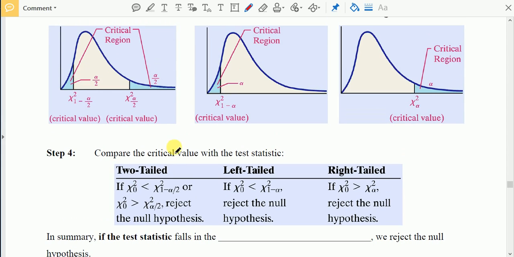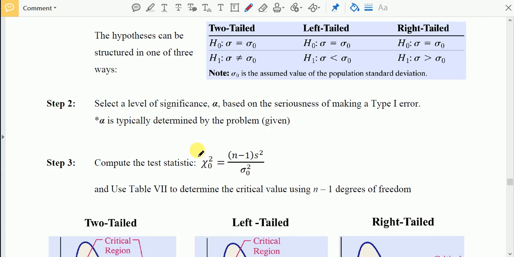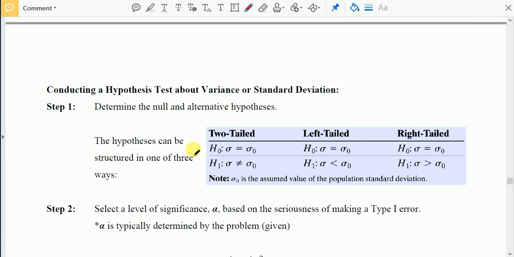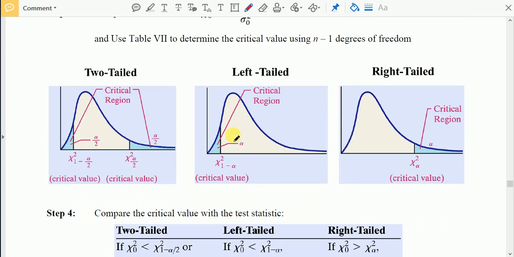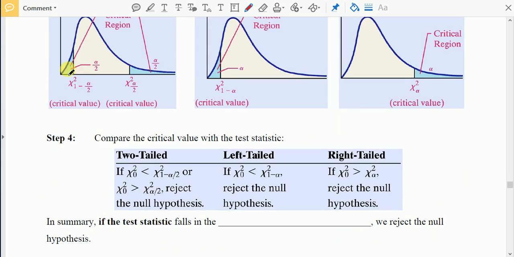Now, compare the critical value with the test statistic. Once you compute the test statistic here, then you compare this value to this value. If the test statistic is less than this value or bigger than this value here, then we reject.